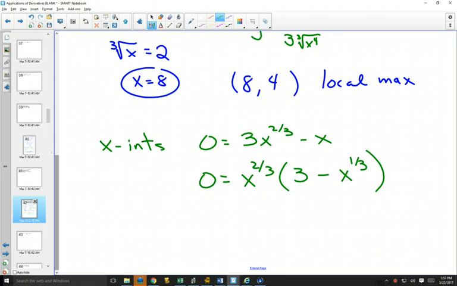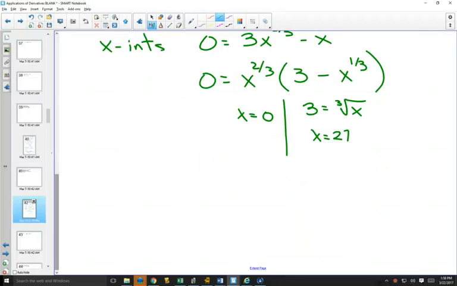We already knew it was equal to 0 at x equals 0. Where does this other part equal 0? When 3 equals the cube root of x, or when x is equal to 27. So those are our two x-intercepts.